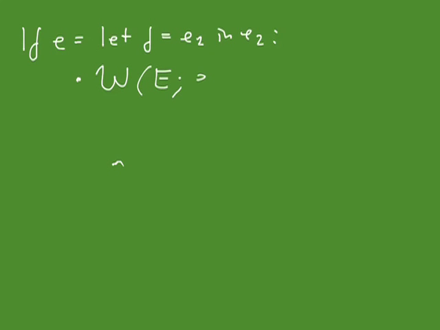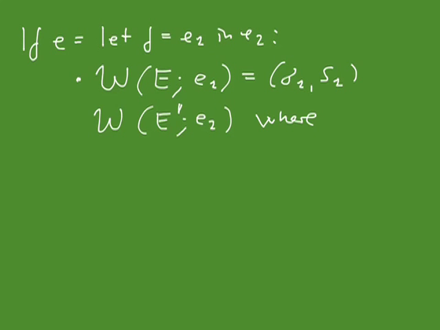There's only one case left now, and that's the case of a let expression. So suppose our expression E is let f equals E1 in E2. Here we call recursively the well-typing algorithm on E1. We get a substitution out of that. And we call the well-typing algorithm on E2, and we don't call it with the environment, we call it with E prime. Remember, we're trying to do what the type rules say we should do.